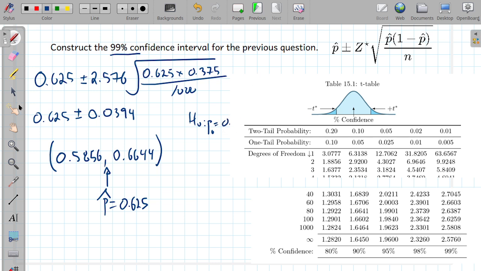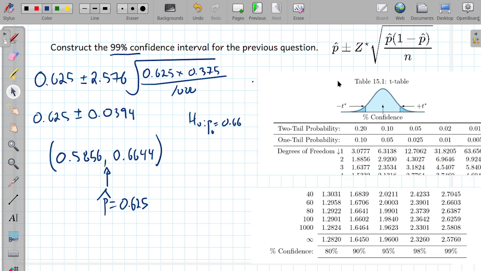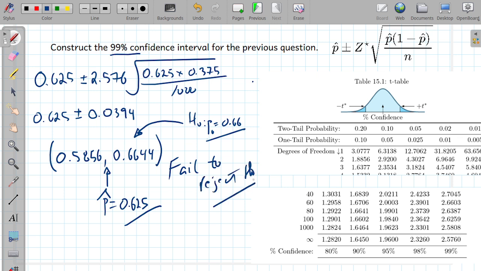I'll get that out of the way. There it is. This is in here as well. So recall when both the expected value and the calculated value lie inside the interval, we fail to reject H null. Boom. There we go.